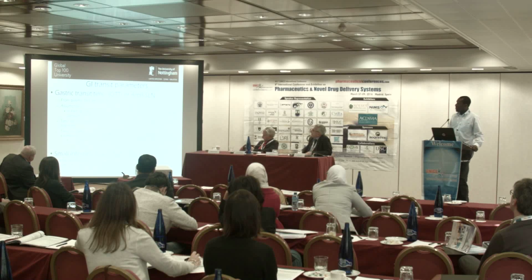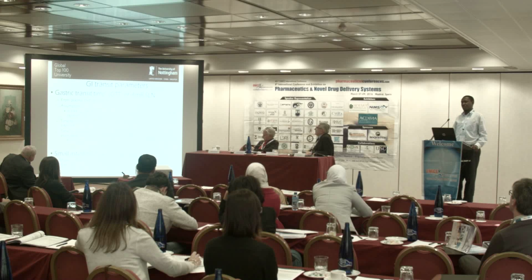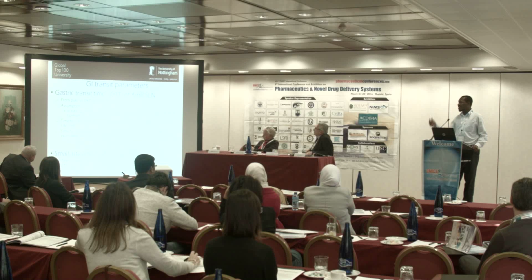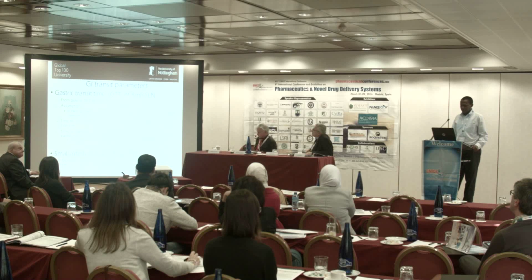That time was taken as the time for 10% absorption, because the nanoparticles are a dispersed system, and it's a continuous system. So the arrival is not one event, it's a continuous event, just like pellets. So 10% absorption of paracetamol was taken as the time for arrival of the nanoparticles in the small intestine.